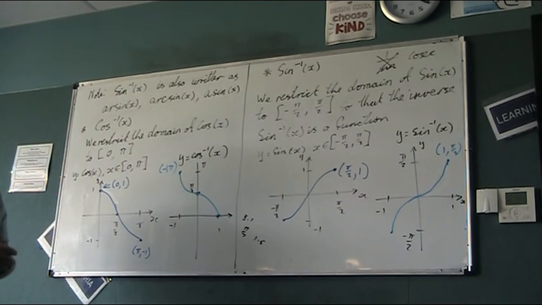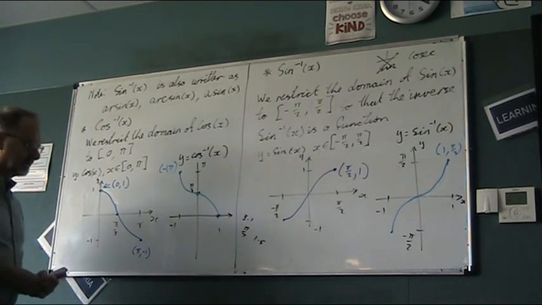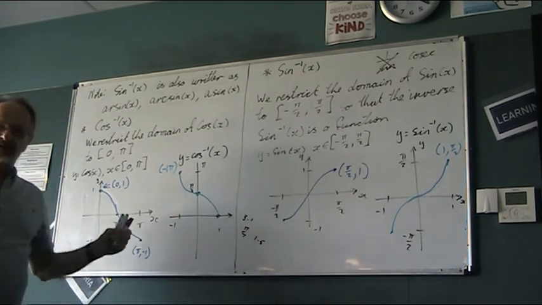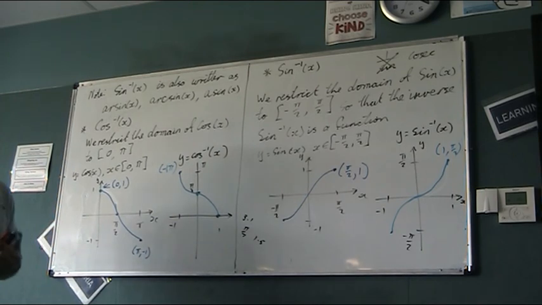So they've already given you axes that are to the right scale, and then you just use the decimal approximations and do the best you can.